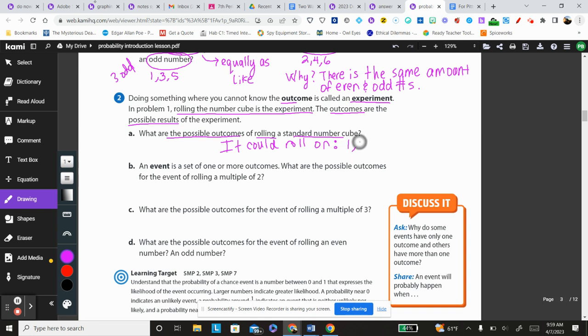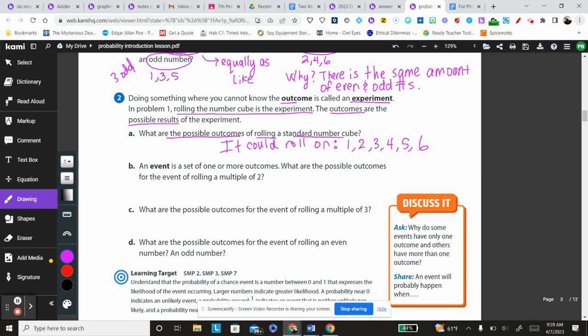What else could it roll on? 2, 3, 4, 5, 6. Those are the only outcomes of rolling a regular die. That's it. Okay? Y'all get it?